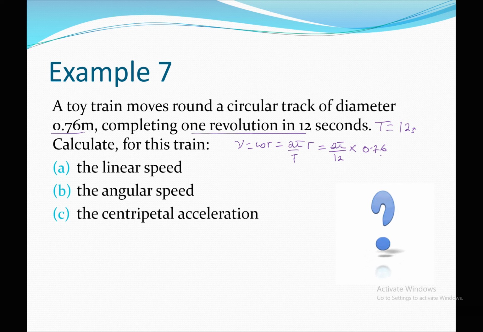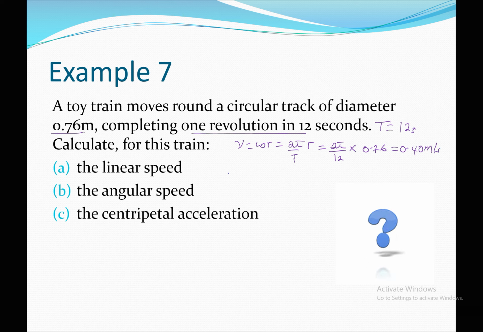So I'll pick my calculator. 2 pi times 0.76 divided by 12. This gives me the linear speed as 0.40 meters per second, or 0.398.